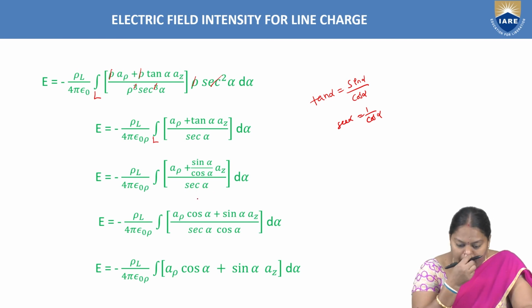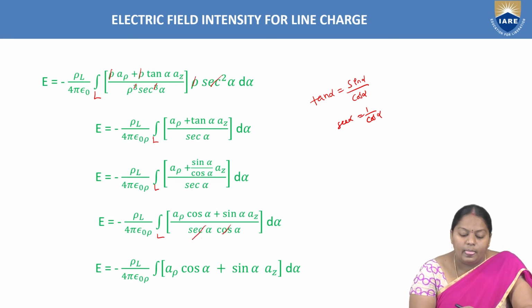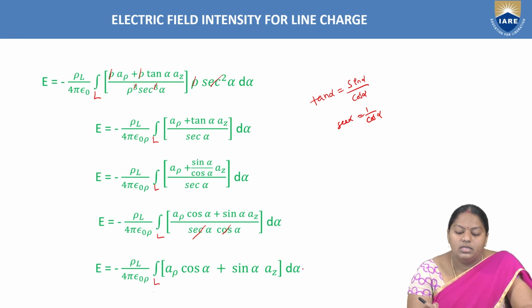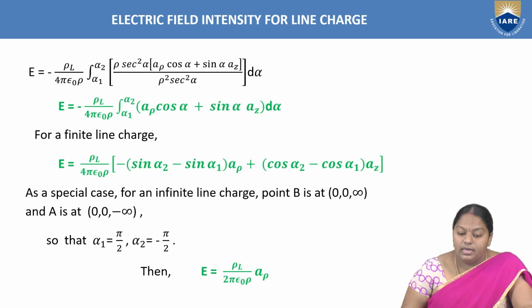Then minus rho L by 4 pi epsilon naught rho integral L, taking the LCM, a rho into cos alpha plus sin alpha into az by secant alpha into cos alpha into d alpha. The two are reciprocal, hence they get cancelled. Then E equal to minus rho L by 4 pi epsilon naught rho integral L a rho cos alpha plus sin alpha az d alpha. So this is the equation for the finite length of the conductor case.